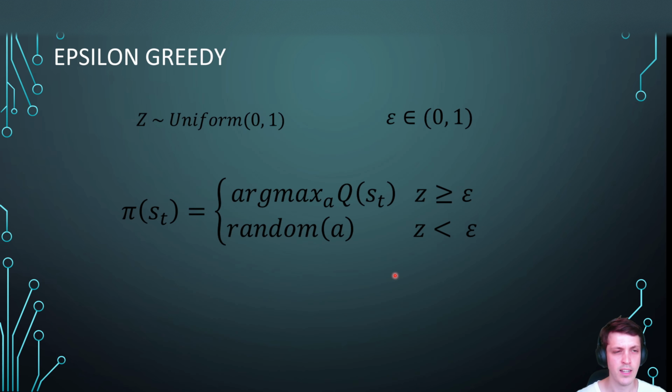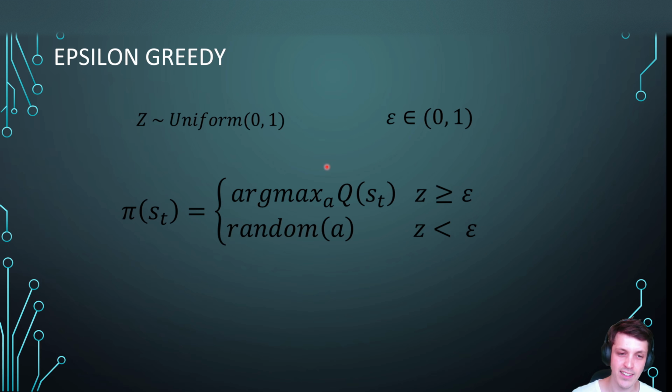Okay, so for our policy, we're going to use the epsilon greedy policy. We saw at the end of the last video how we have this trade-off between exploration and exploitation of the knowledge that we've gained, and we want to use some of that knowledge during training to get to the reward more quickly so that we can converge faster. So we're going to use epsilon greedy again for our Q learning.